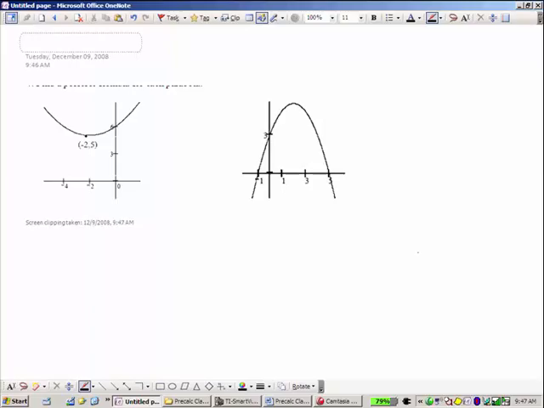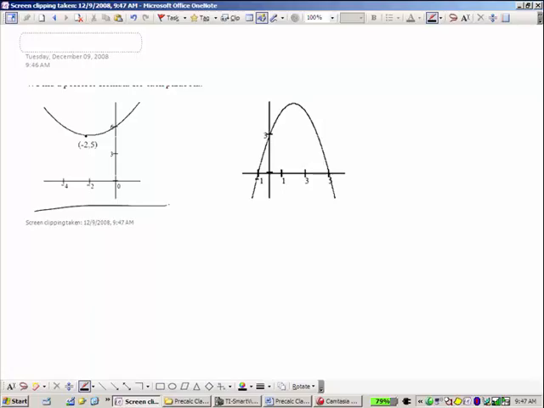All right, so I need to find the equations of these parabolas. And the first one is actually screaming to us a particular form of writing a parabola.